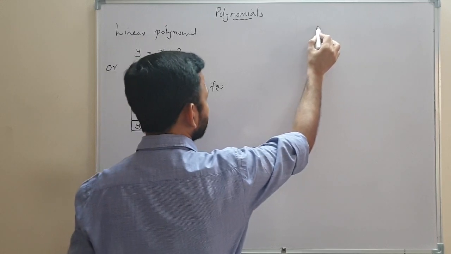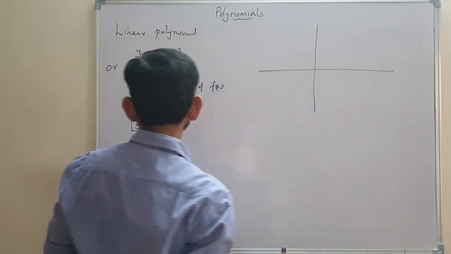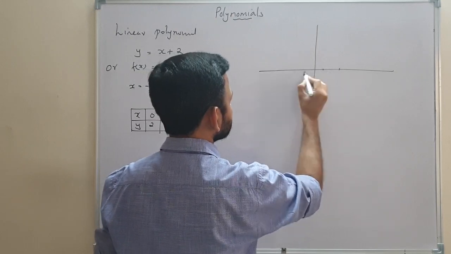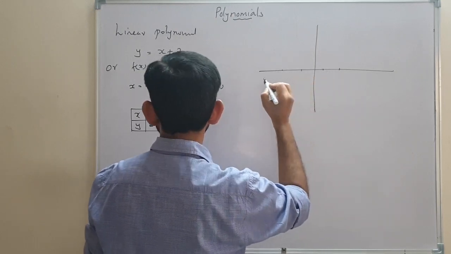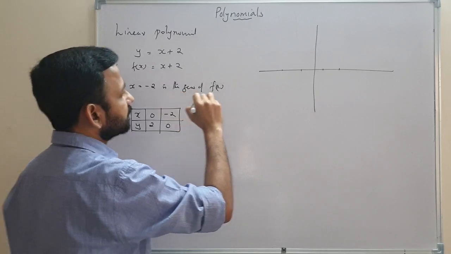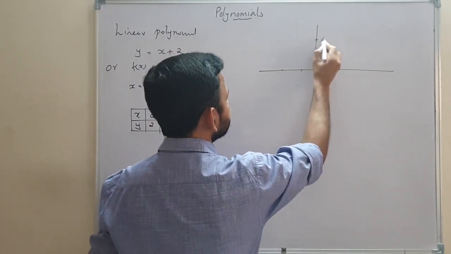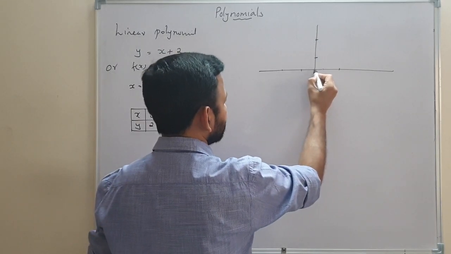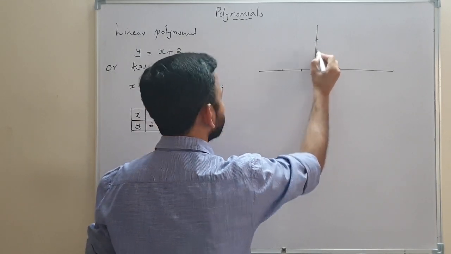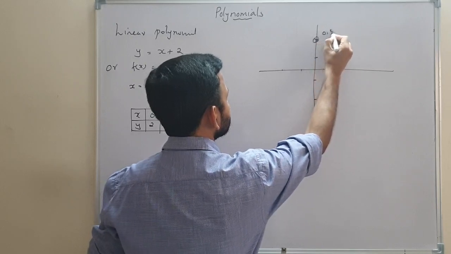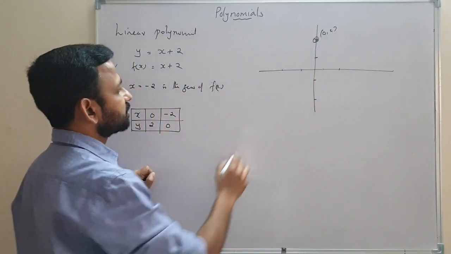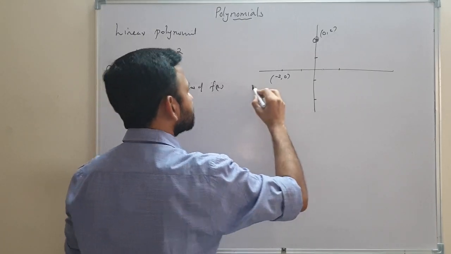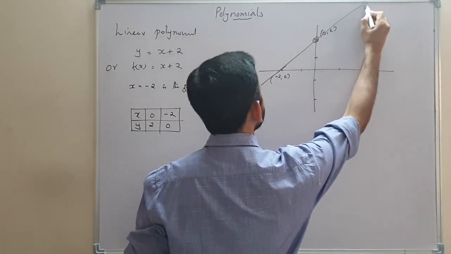So when we draw the graph, it passes through 0, 2, where the x coordinate is 0 and the y coordinate is 2, and minus 2, 0. So this is the graph of that polynomial.